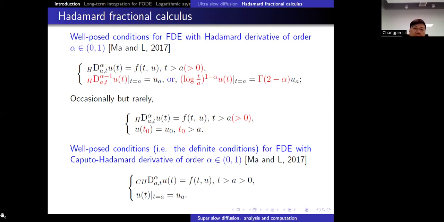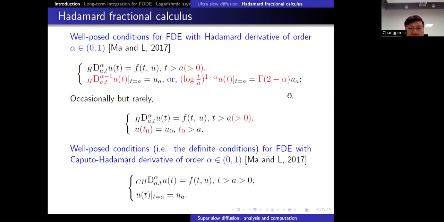But really, we can give the initial condition like this: u(t0) equal to u0. But t0 is not the starting time. It's far from the starting point a.